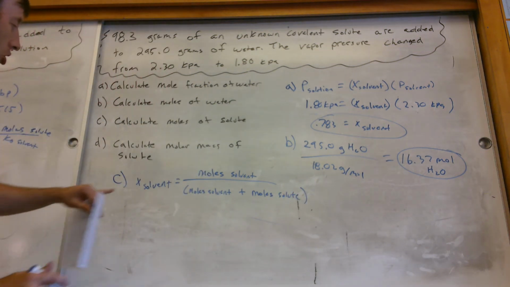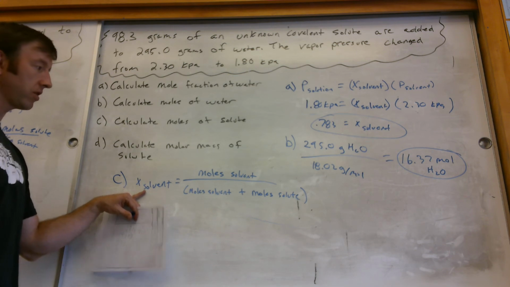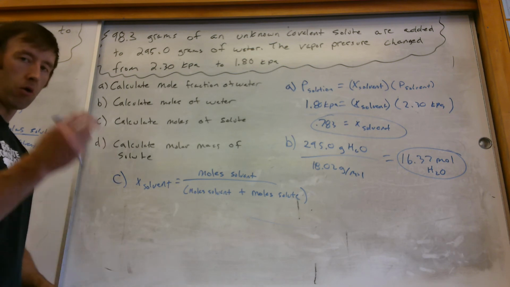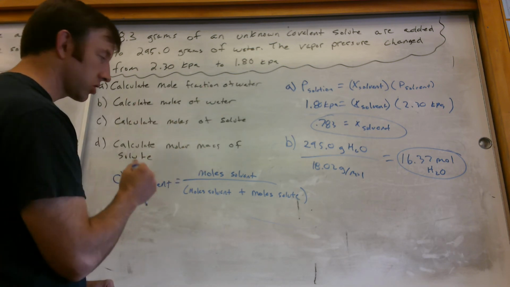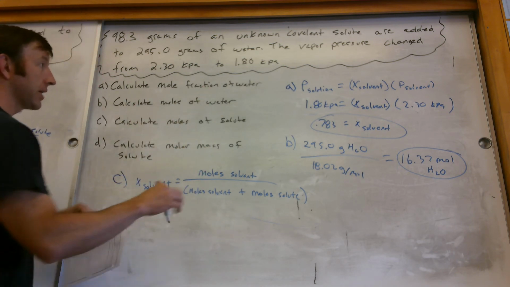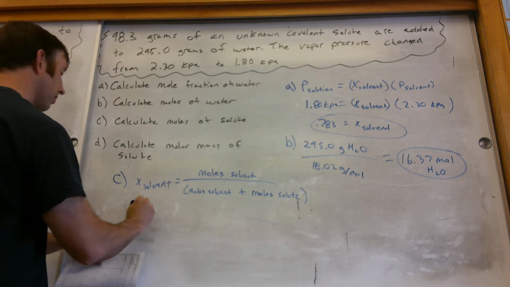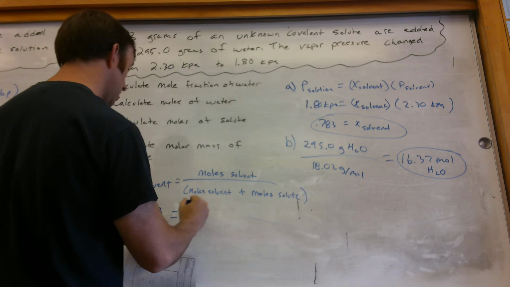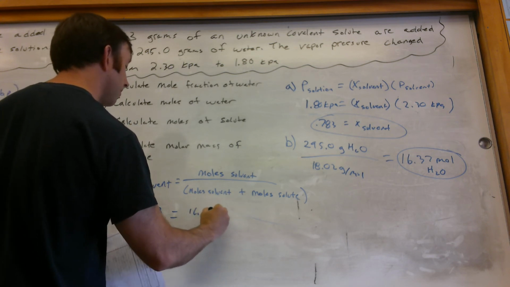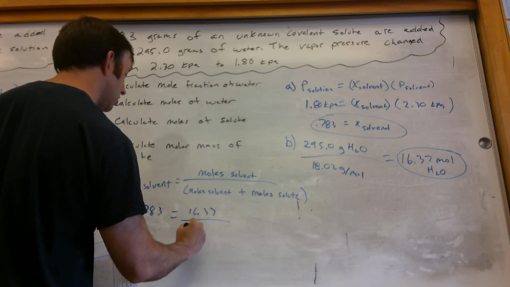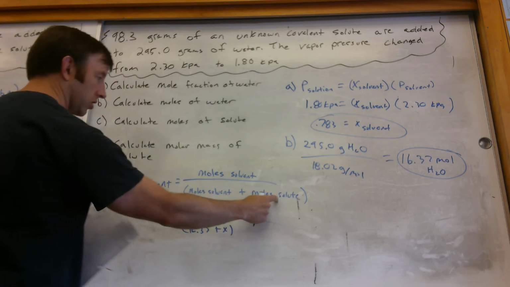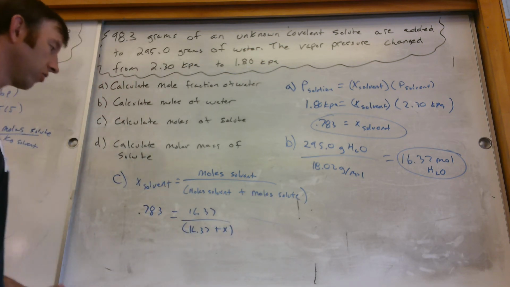So I know my mole fraction of solvent, I know my moles of solvent. So of those 4 values, I know 3 of them, which makes it pretty easy to solve for just one. So my X solvent, 0.783. Moles of solvent, 16.37 over 16.37 plus X in that case. We're just putting X in there for moles of solute, right?